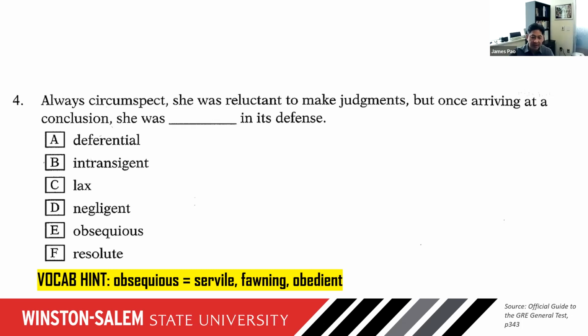E means obsequious, servile, fawning, obedient. No, slavery, it's not even. Which of these words best means, yeah, totally gonna do it, no stopping me? Would it be resolute? Absolutely correct.